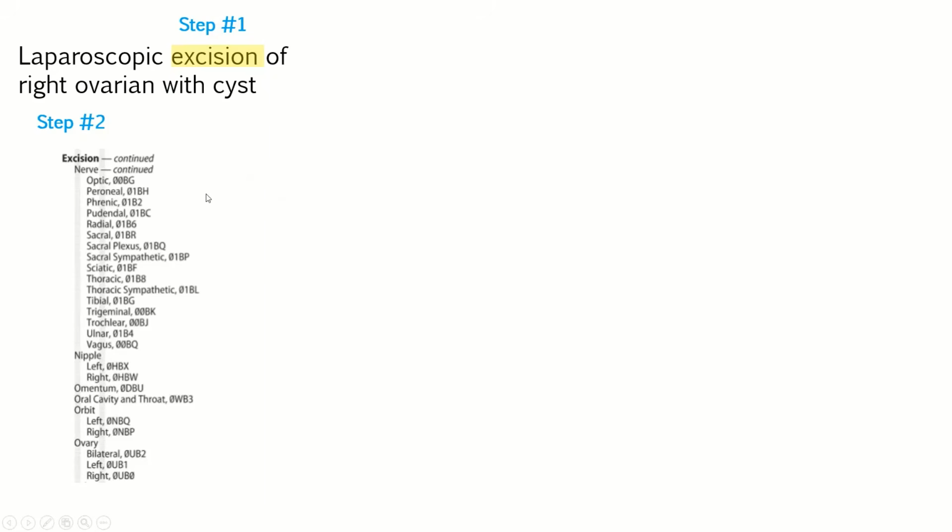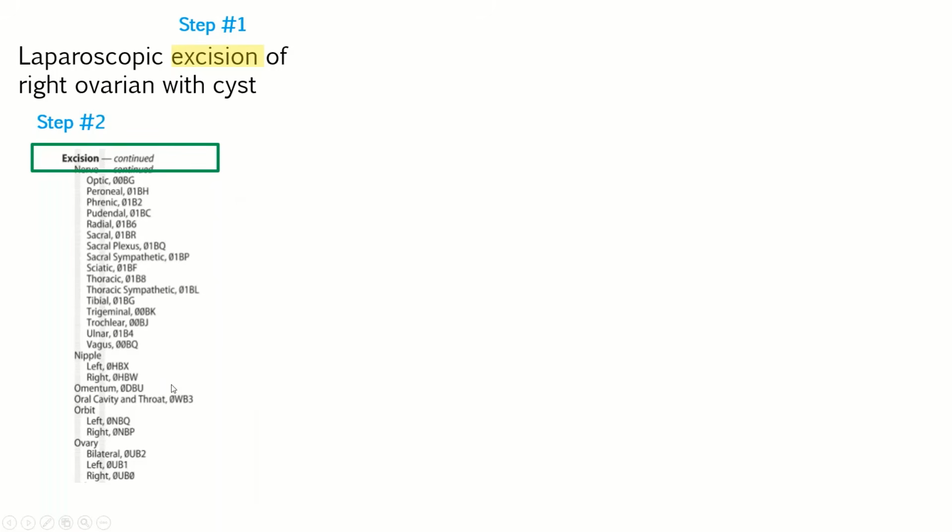All right, so we've got laparoscopic excision of right ovarian cyst. So we did some of the work already. The root operation is excision. So we're going to look up excision in our alphabetic index.